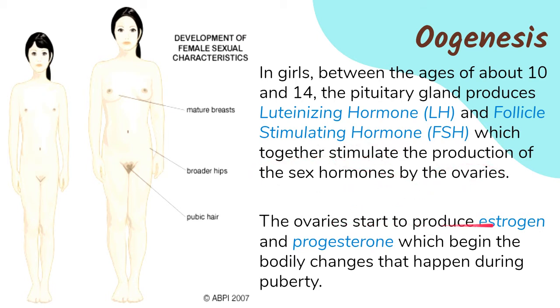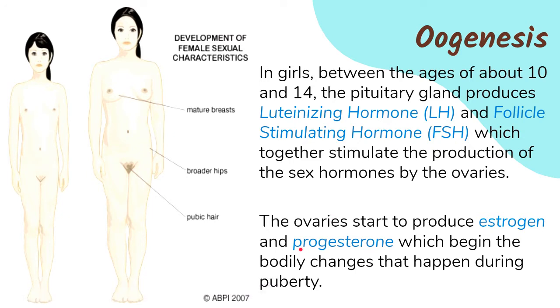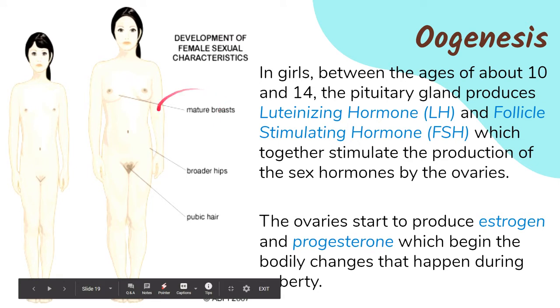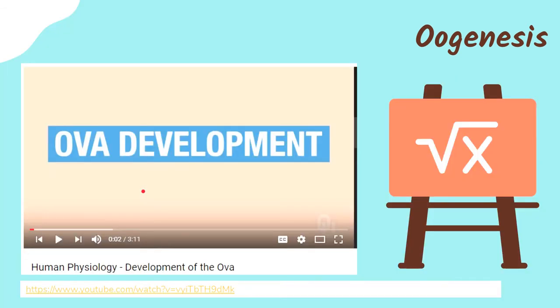The ovaries then produce estrogen and progesterone, which begin the bodily changes that happen during puberty. That involves the development of secondary female sex characteristics such as maturation of the breasts, broadening of the hips, development of pubic hair, and of course the menstrual cycle.